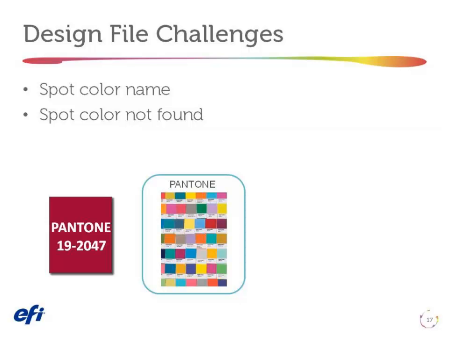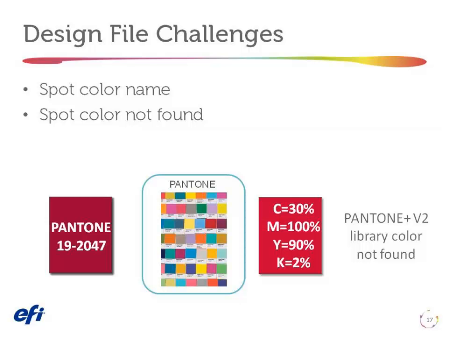The second challenge is the spot color not being found. This is the problem where I've named the color exactly right. Here's a Pantone from the new Pantone Plus Coded V2 library, very recently released by Pantone, and we just released this for the Fiery here in the last month or so. This is a color that needs a new library loaded on your DFE to get looked up.